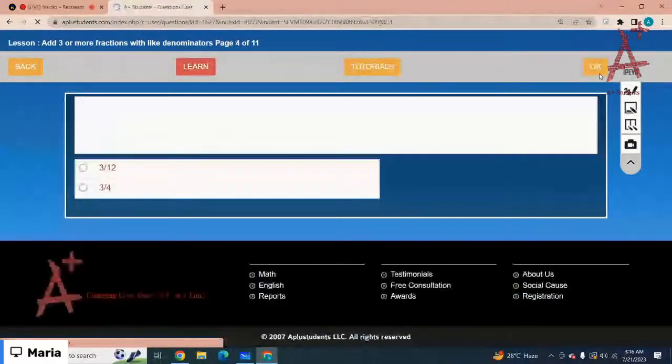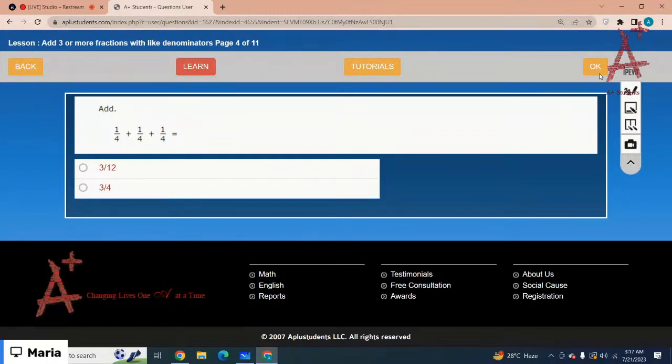Okay, the next one is 1 by 4 plus 1 by 4 plus 1 by 4. So which is the correct option? If you already know the answer, you can just write down the answers in the chat box. 1 plus 1 plus 1, that is 3 over 4.